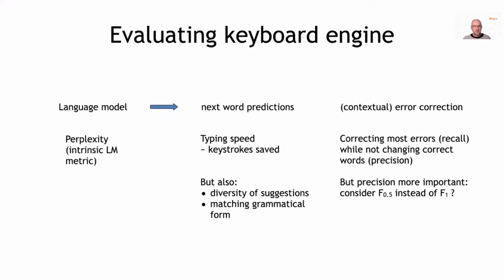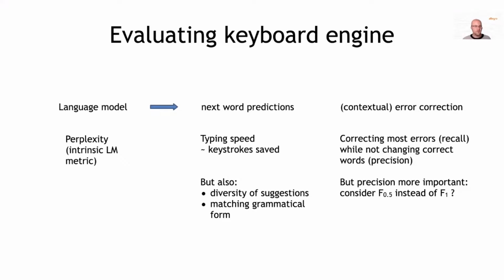For language model, you typically use perplexity, but this is maybe not such a good measure for your final keyboard engine, because even a low perplexity language model can give bad user experience if it's not trained on the right corpus. So you are better off measuring these things on the right, which are measuring how your engine predicts words and how it does error correction.